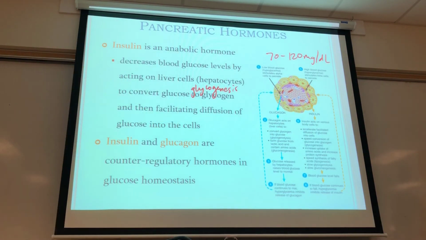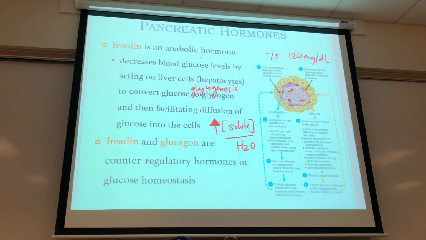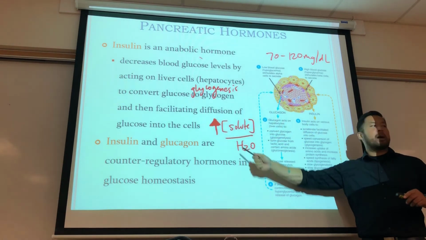So people that have hypertonic blood, meaning, I know I'm kind of deviating a little bit. If we were to take a look at the tonicity, it's solute over water. Now, if you want to maintain proper tonicity, and we start to increase the amount of solute by glucose retention, storing excess glucose, then in order to maintain tonicity, the body wants to also increase the amount of water.